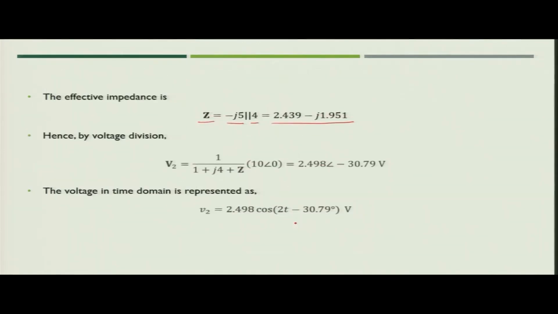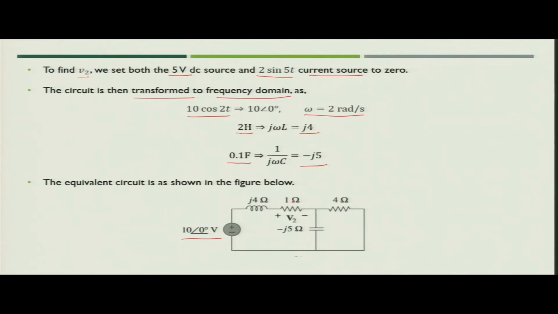So, what will be the voltage V2? That is the voltage source value, that is 10 angle 0, divided by 1 is the 1 ohm resistance we need to find. So, 1 will be in numerator, divided by the 1 ohm plus J4 plus the parallel combination of the resistance and capacitance.